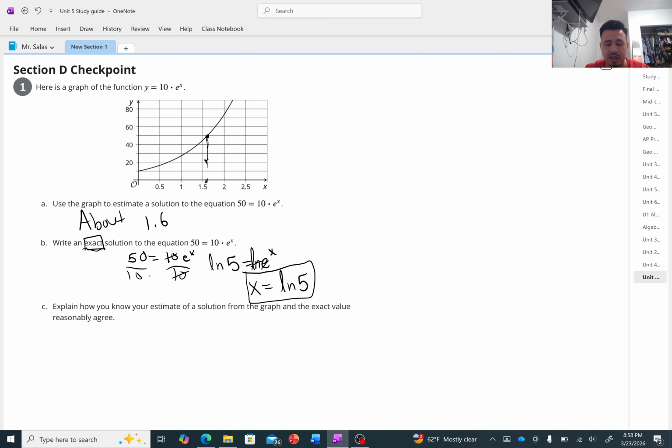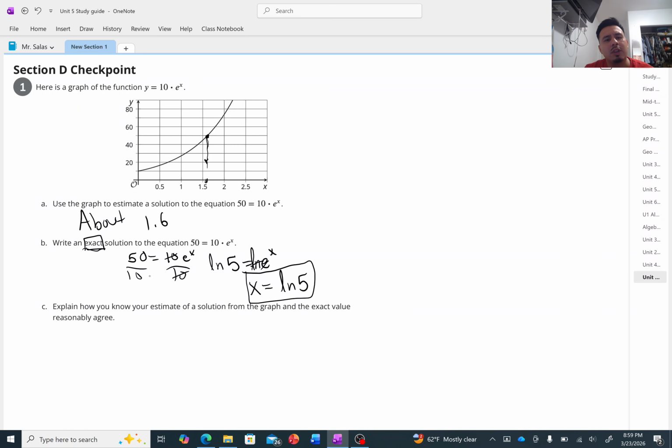So you type this into your calculator, natural log of 5. On your calculator, where is the natural log? Do you remember where the natural log is? Yeah, it's literally on the left side of number 4, right? That's where you find the natural log.